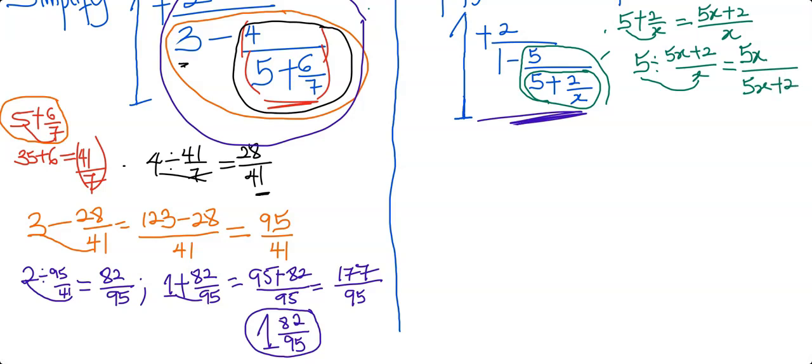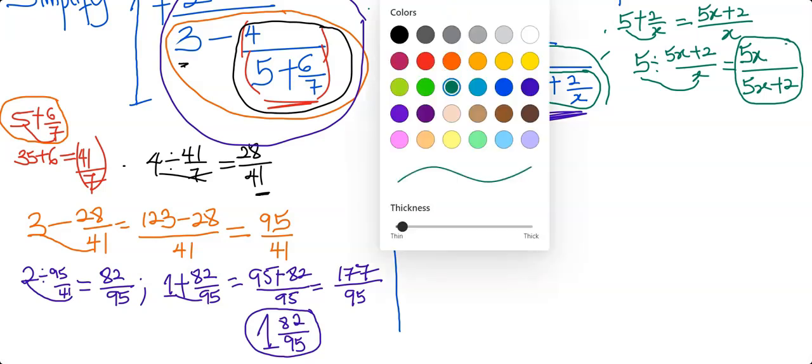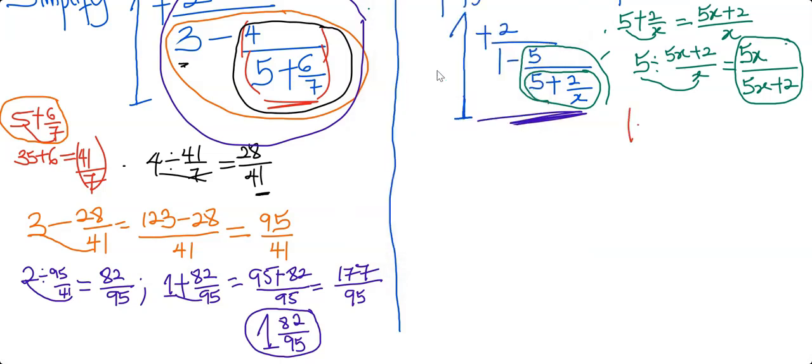All right. Now, at this stage, we've done something having to do with 5 over 5 plus 2 over x. Now, we are going to subtract this, our answer, which is 5x over 5x plus 2 from 1. Now, this will mean rewriting this as 1 minus 5x over 5x plus 2.